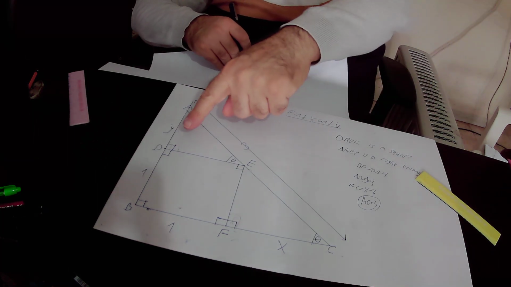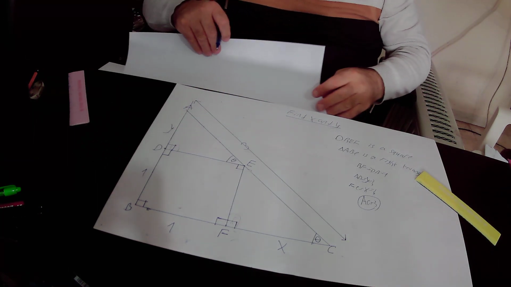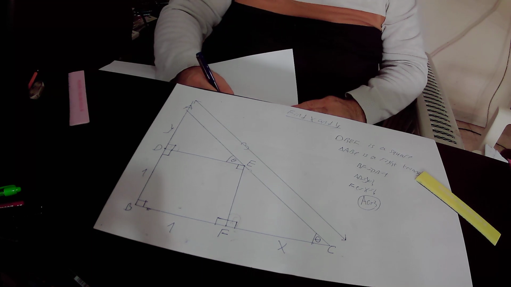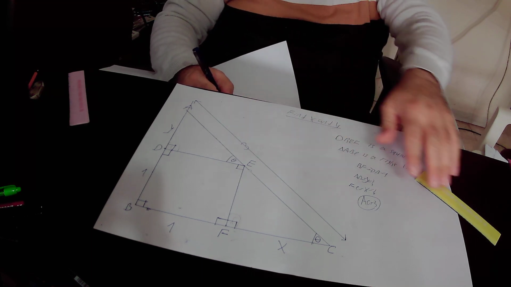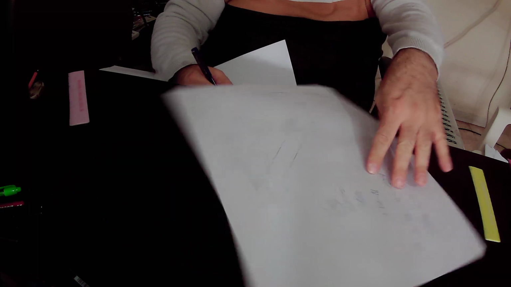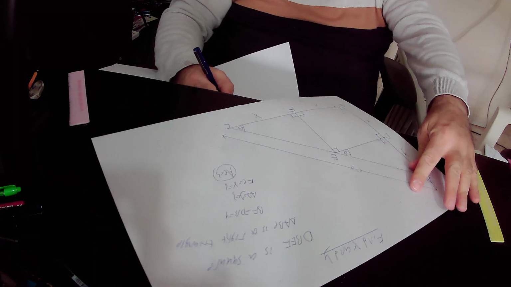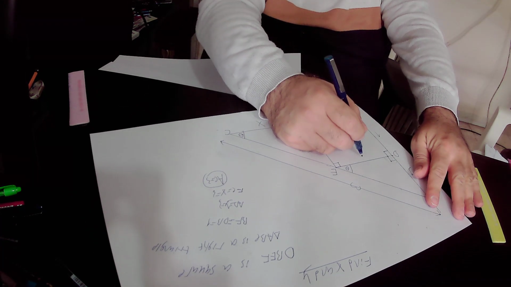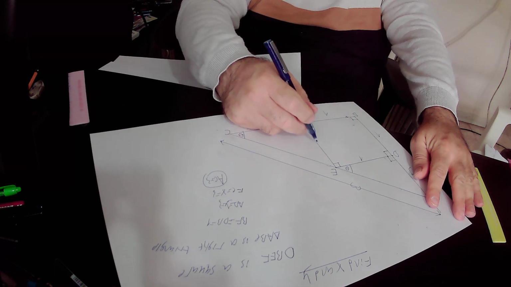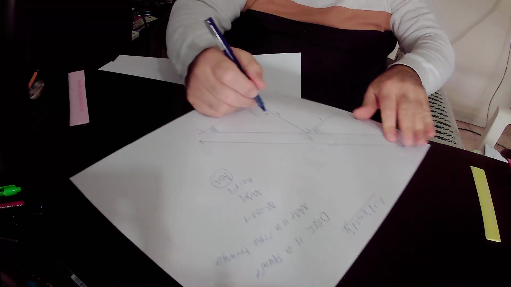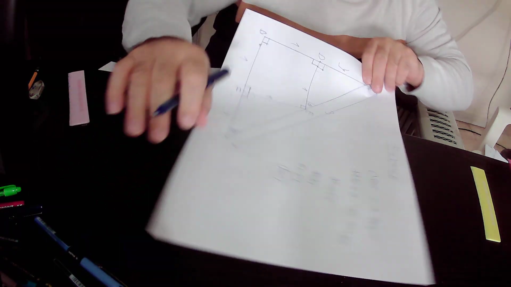But AD equals Y according to what is given in the question, and DE equals 1 unit because all the sides of a square are equal to each other. So DE equals 1 unit and EF also equals 1 unit.